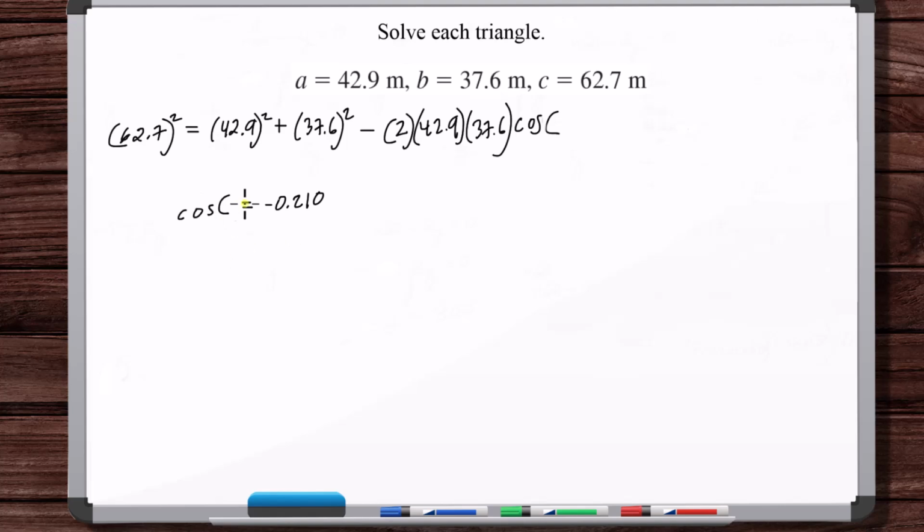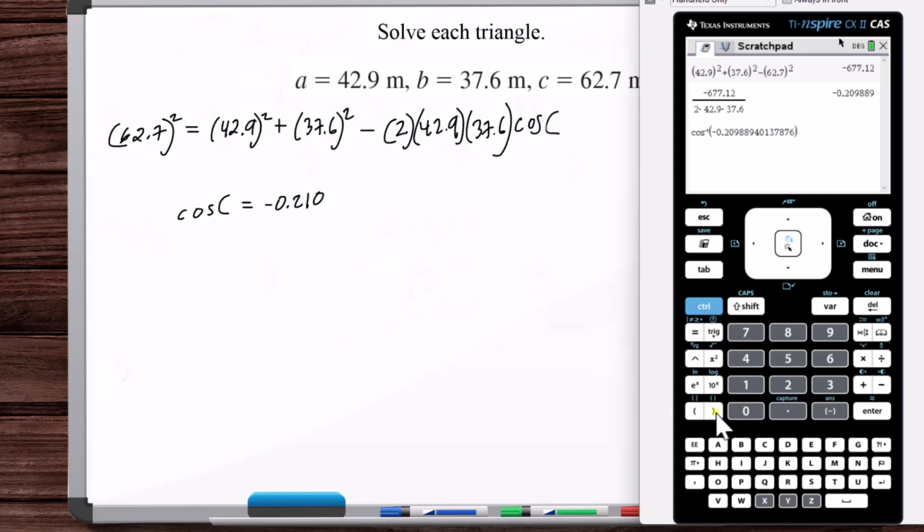But when it comes to inverse cosine, it's different. The range goes from 0 to pi, or 0 to 180. So if the cosine of an angle of a triangle is equal to a negative value, that just means you have an obtuse angle. So, okay. And there you go. So C is 102 degrees.